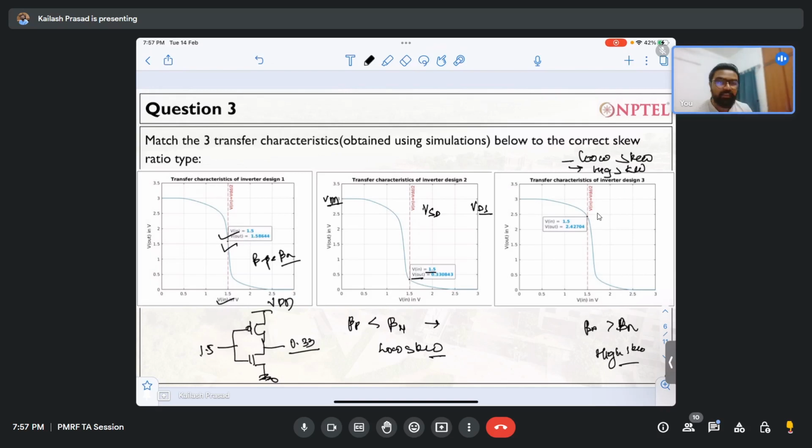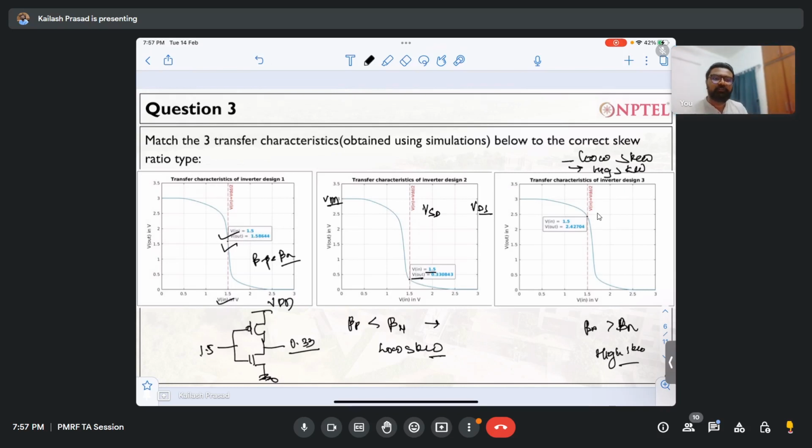In this particular case, which transistor is faster? NMOS will be faster, because it is pulling down the output.